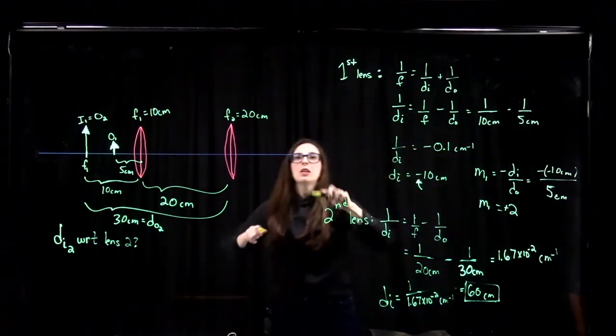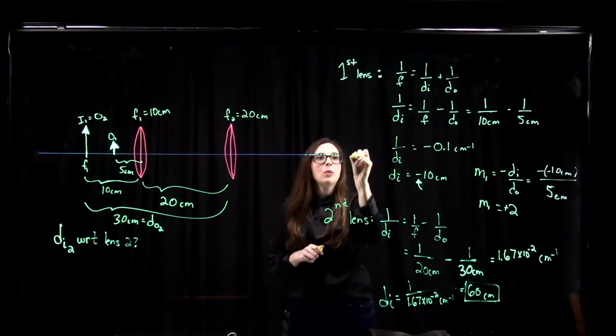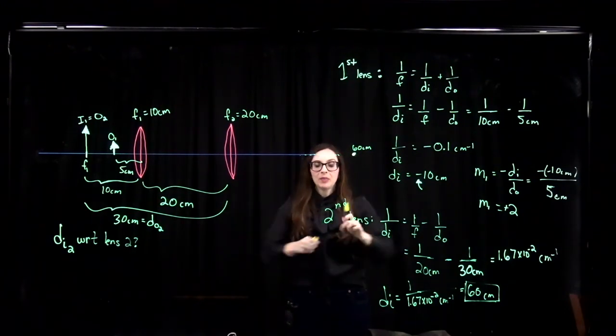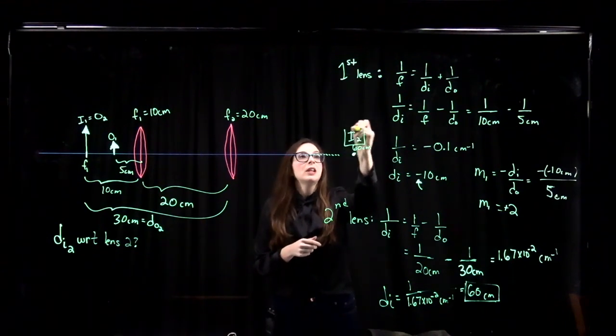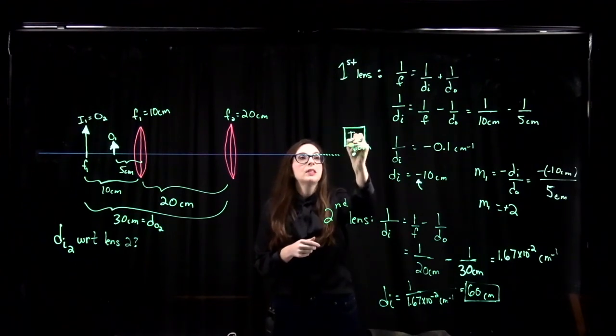But let's just draw some dotted lines here. So my image is going to be sitting somewhere over here at 60 centimeters. Now, is my image going to be upright or upside down? I'm going to call this I2, which is actually the image we would see whenever we perform this experiment in lab.